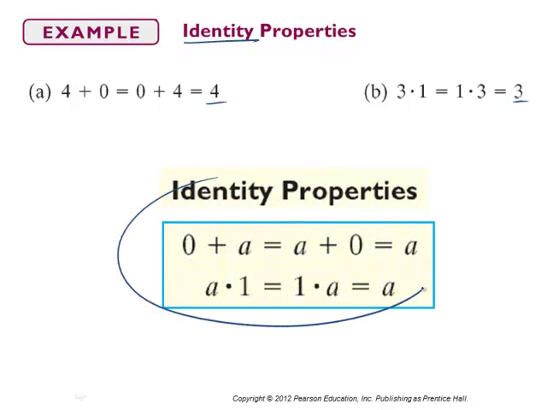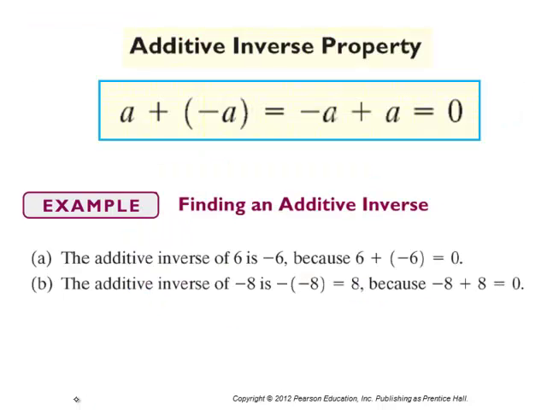So here are the identity properties. 0 is the additive identity. 1 is the multiplicative identity. Moving along here. Now, the additive inverse is nothing more than just the negative of a number. So the additive inverse of, say, 6 is going to be negative 6.